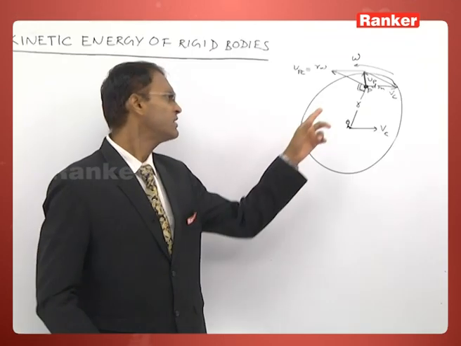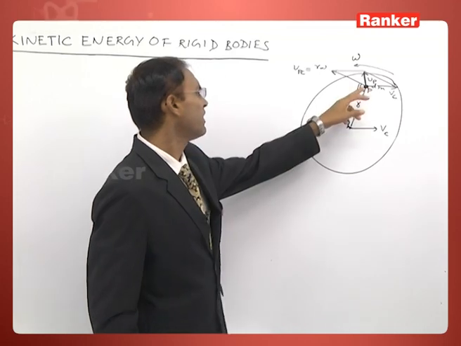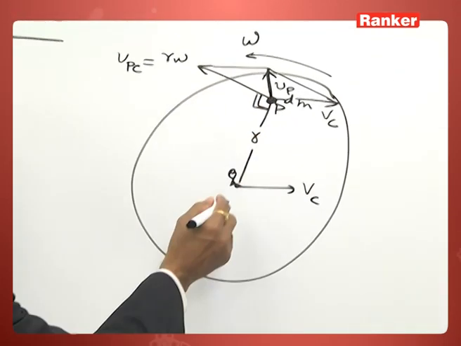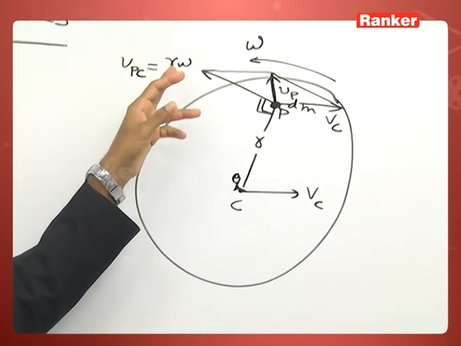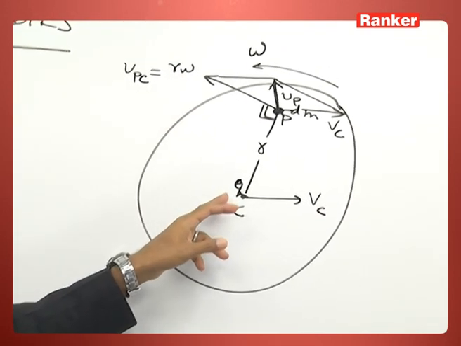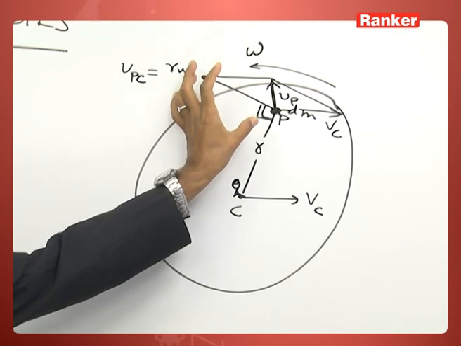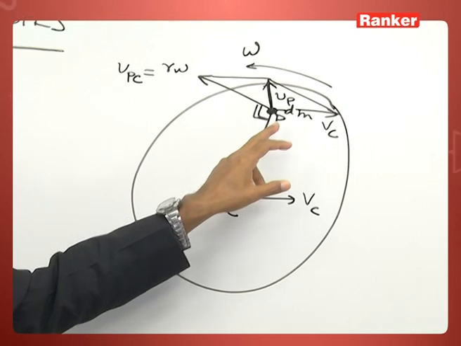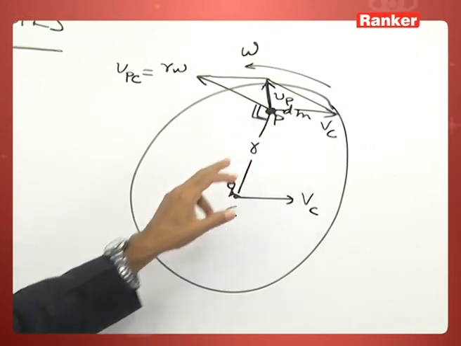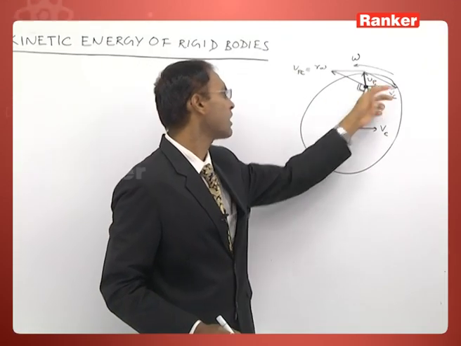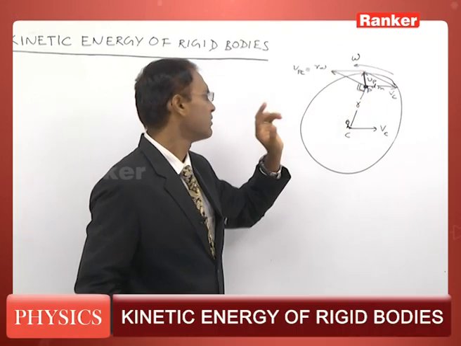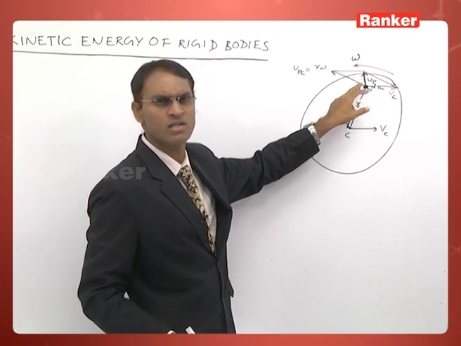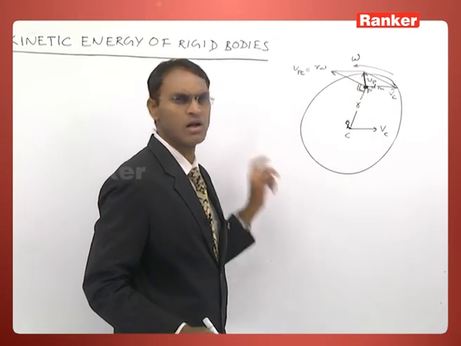But let us take the element at the point P. It moves with the velocity r omega with respect to the center of mass. If you add this velocity of the point P with respect to the center of mass to the center of mass velocity, we get the velocity of this element with respect to ground.